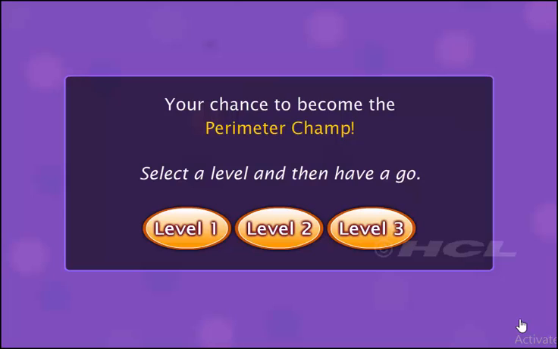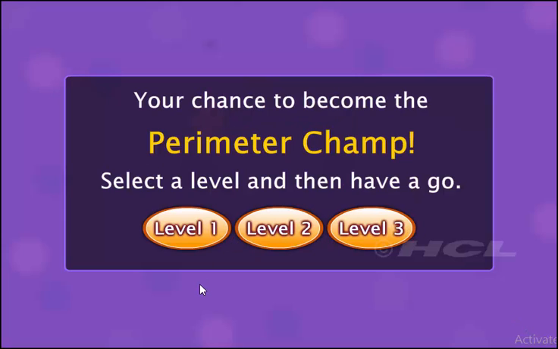Here's your chance to become the perimeter champ. Select a level and find the perimeters of the shapes given to you.